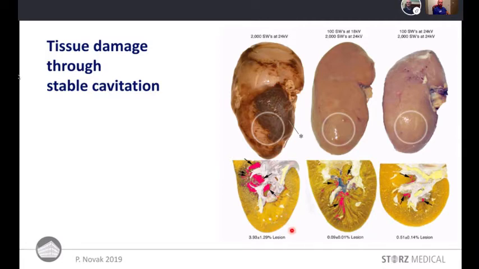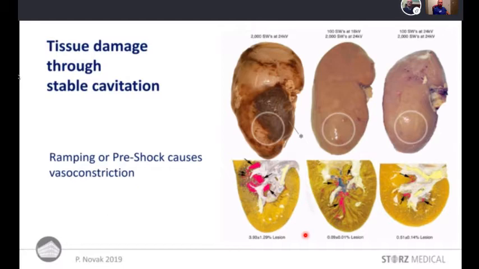Interestingly, when we now use a pre-shock or some kind of pre-warning to the tissue, the ramping of the shock waves, vasoconstriction results. That means that the blood is basically pressed out of the tissue, and all of a sudden the hematoma or the stable cavitation is almost not observable.